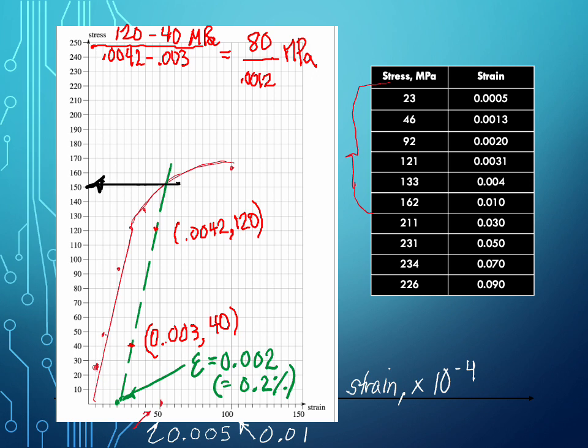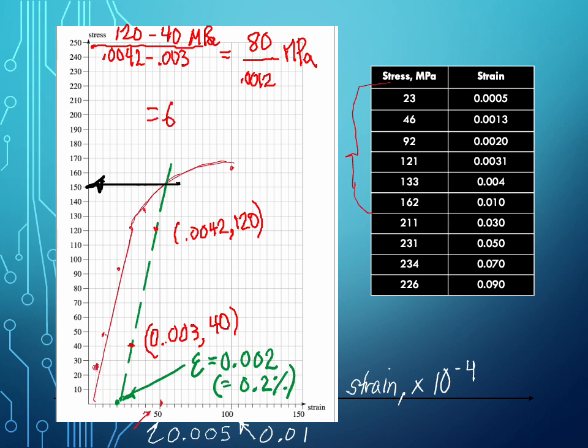And let's see, gotta grab a calculator. 80 divided by 0.0012 is 66,667 megapascals.